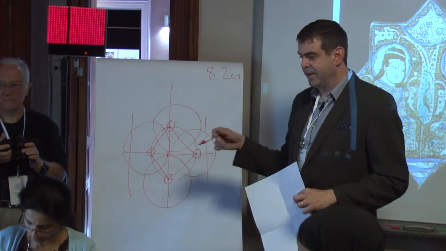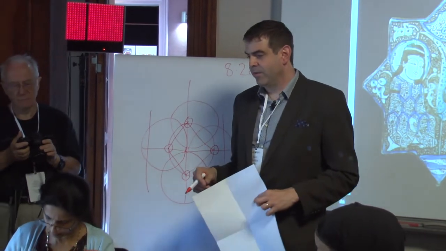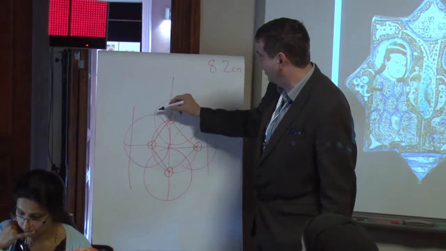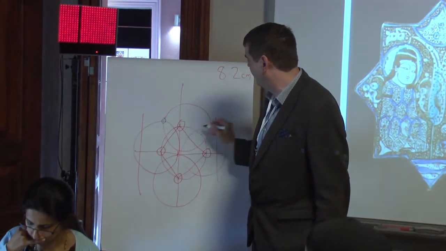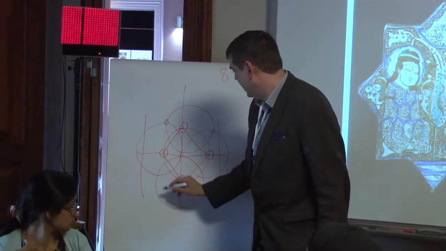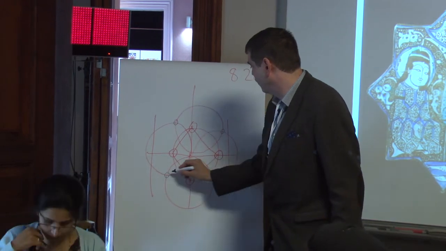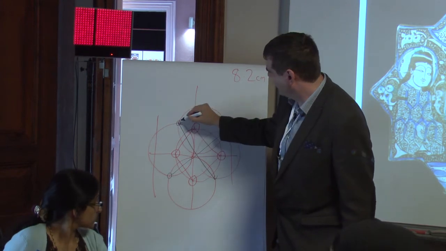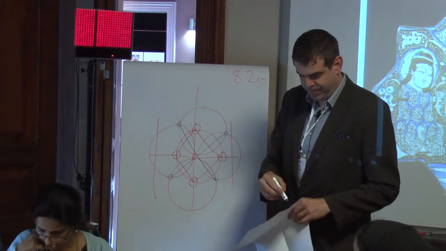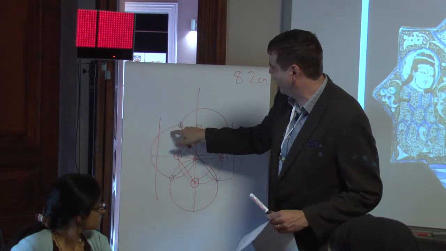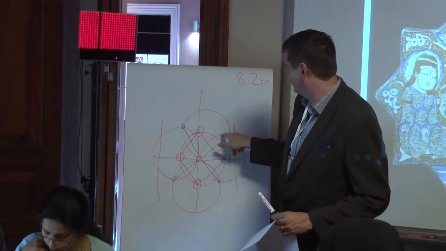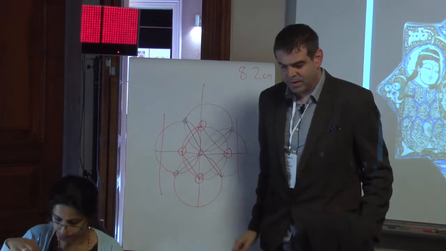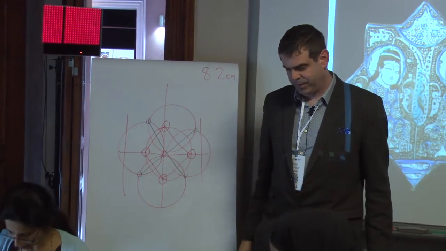And we're doing this to get the diagonals. So the points here where the circles intersect, here and here, we're going to draw a straight line between the two. So between the points where the outer circles intersect here, we can draw a diagonal between the two.